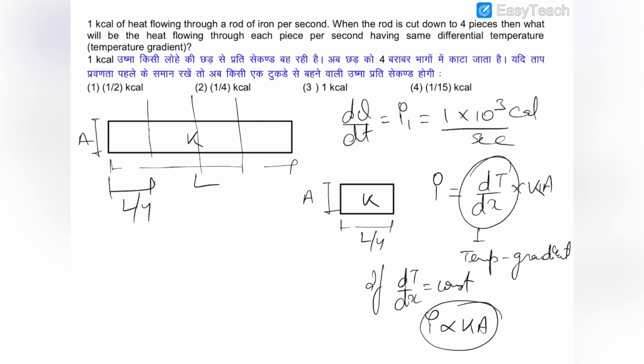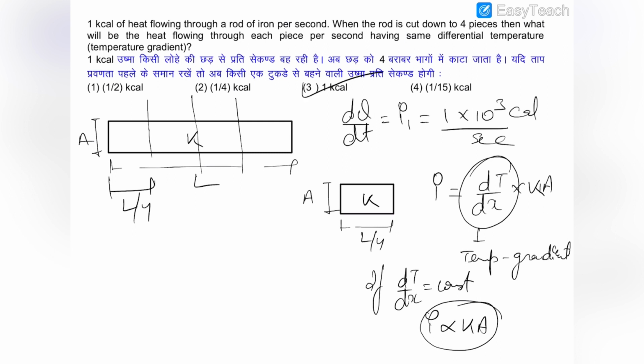And the thermal conductivity and area of cross section of each part remained the same. So we can say that there would be no change in the amount of heat flowing per second through each of the smaller parts. So the correct answer would be option number 3.